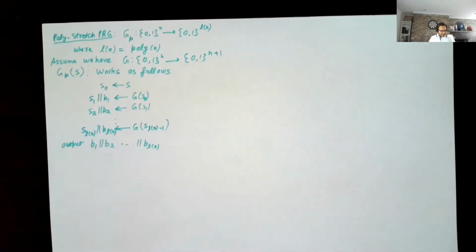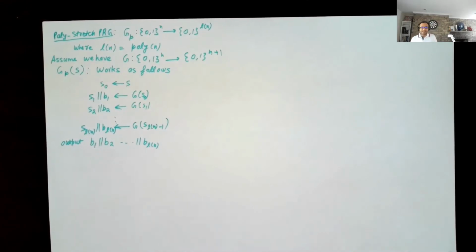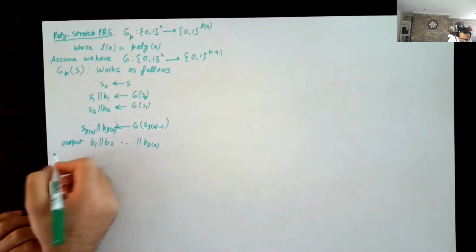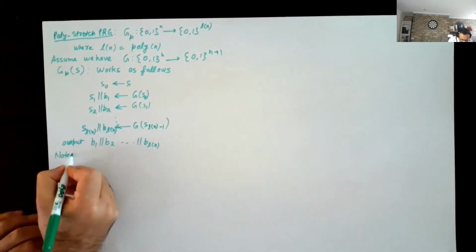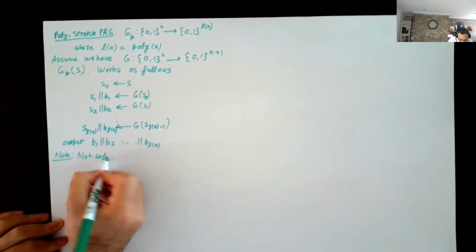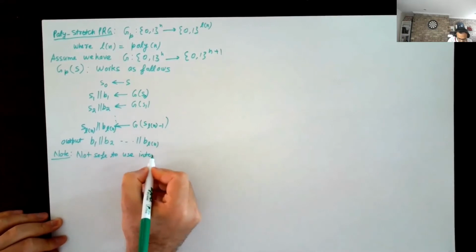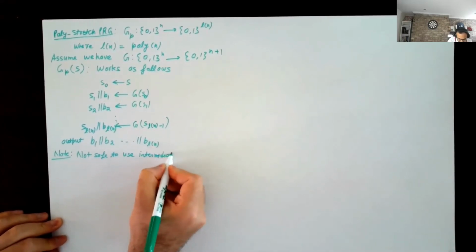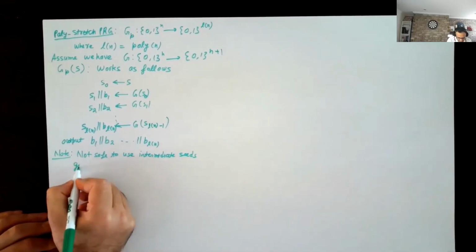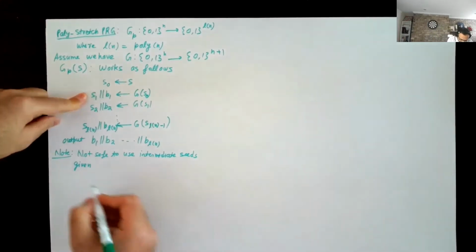The question is, in various intermediate steps as well as the last step, we get various seeds. An observation is that it is not safe to use intermediate seeds. For example, let's say I give you an intermediate seed, say S1 or S2.